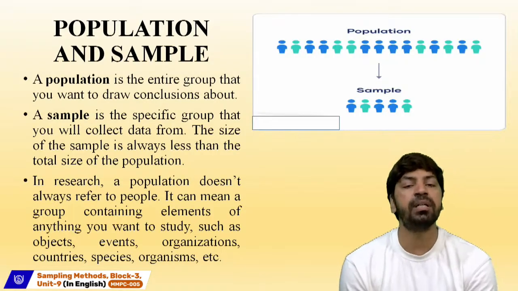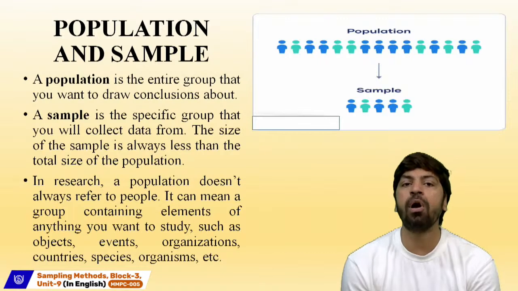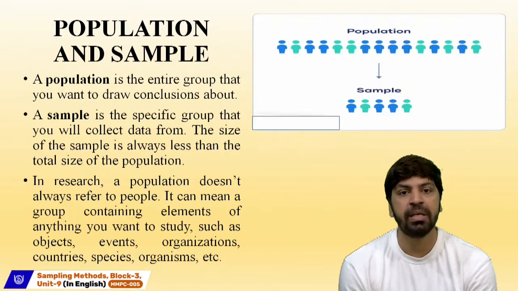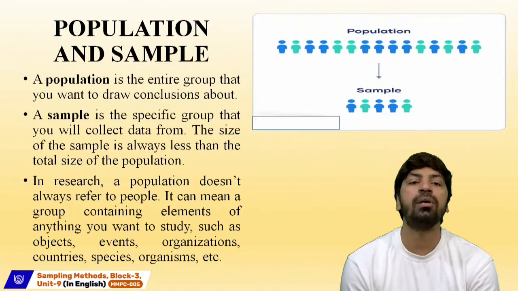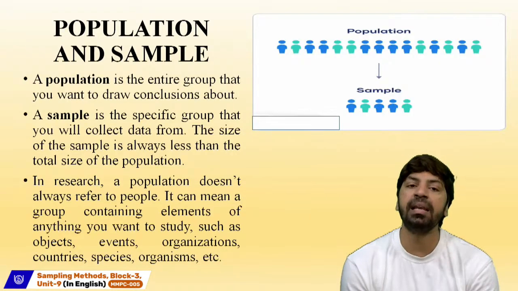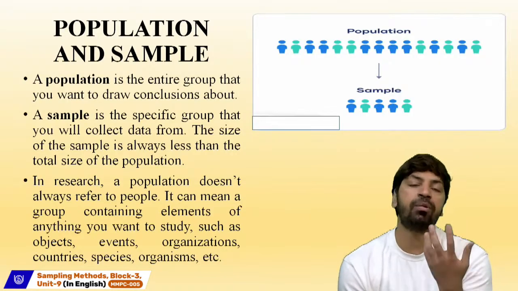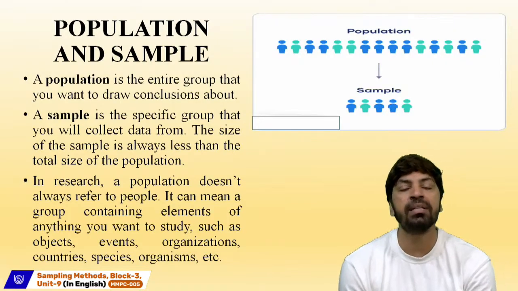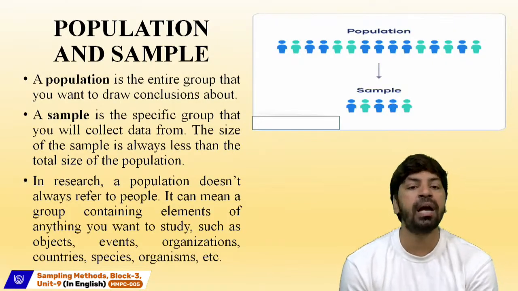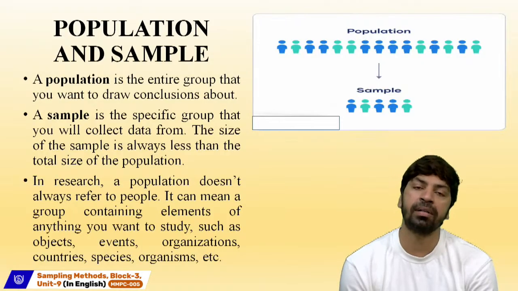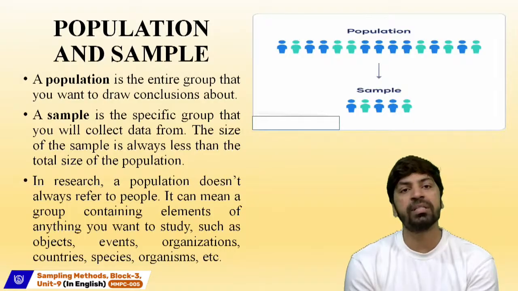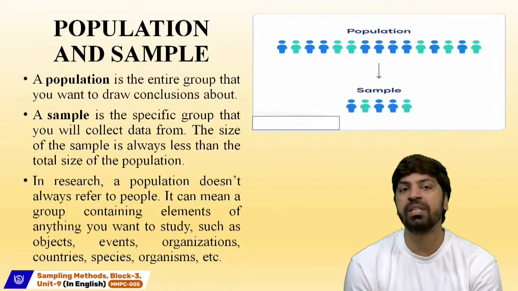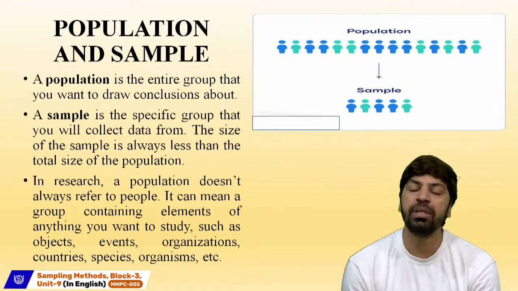In research, population doesn't always refer to people. It can also mean a group containing the elements of anything a particular researcher wants to study, such as objects, events, organizations, countries, or other organisms. That could be called the main difference between the population and sample.